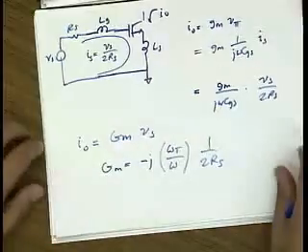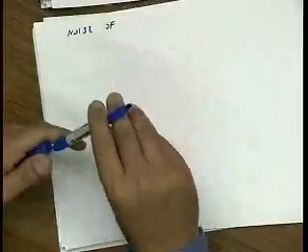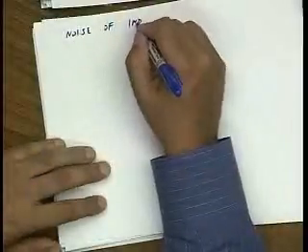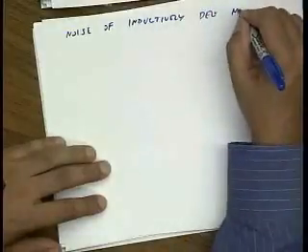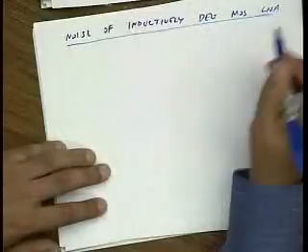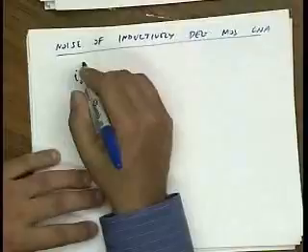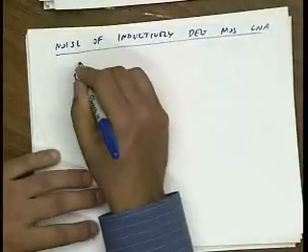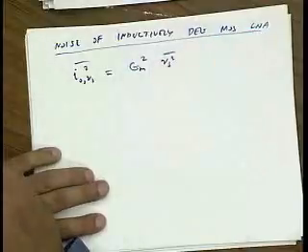So if I do a noise calculation, let's start to look at the noise of the inductively degenerated MOS LNA. I can say that the output noise due to VS is simply GM squared times VS squared.